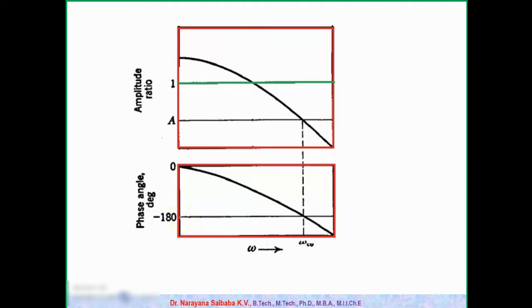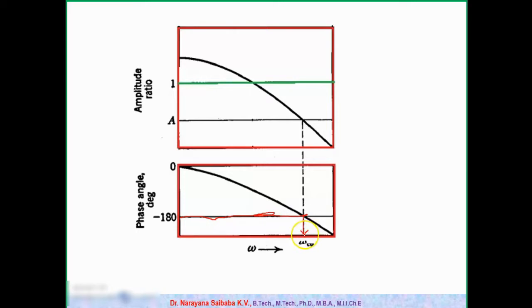Crossover frequency is the frequency where phase lag is minus 180. To determine that frequency, from minus 180 we draw a horizontal line till it touches this curve. This point, this frequency, we call the crossover frequency.